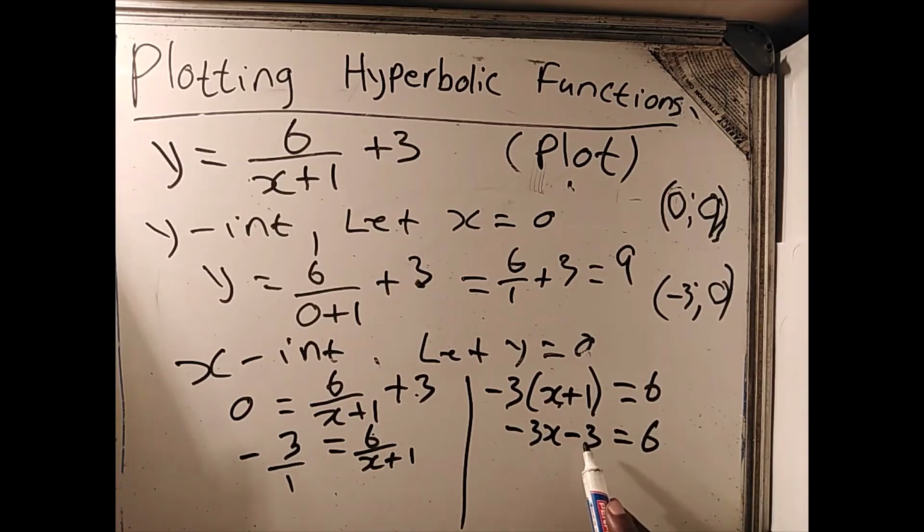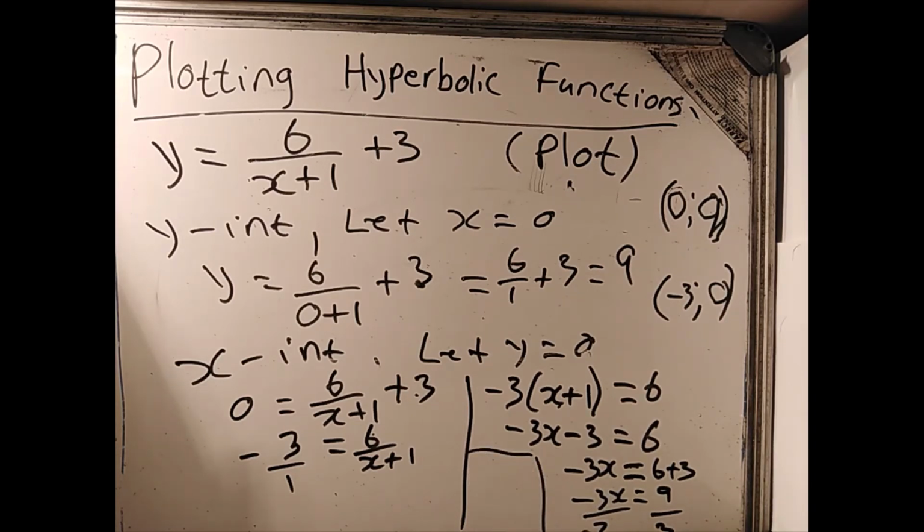When you take this 3 to this side, you're going to get minus 3x is equal to, remember this 3 is negative here, so if you take it to the other side it's going to be positive. It ends up being 6 plus 3, and then you get minus 3x is equal to 9. Then you divide by 3 here, and you end up with something like this.